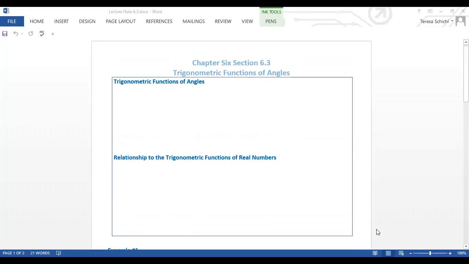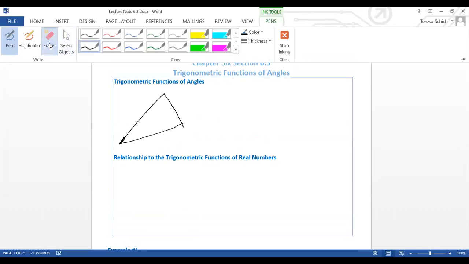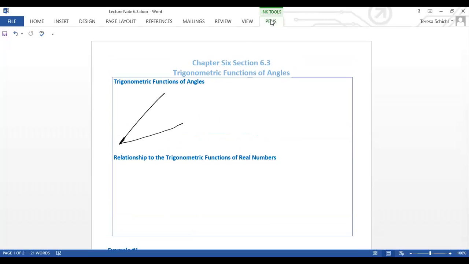The first thing is the trig functions of angles. In the previous section, we defined the trig functions over right triangles. Let's take a look. Let's do a better graph here.